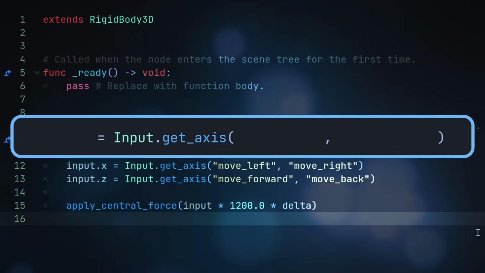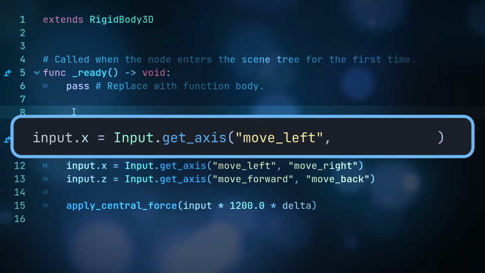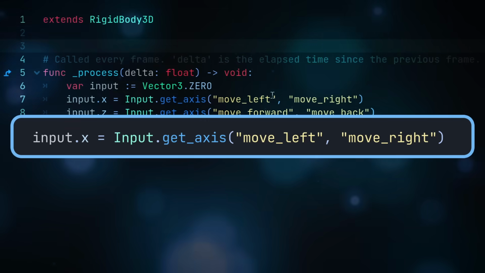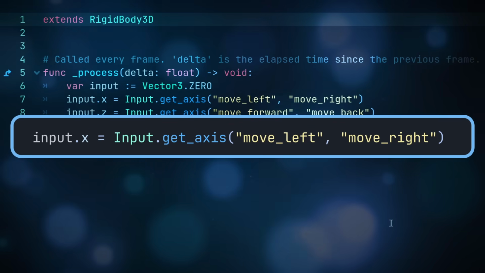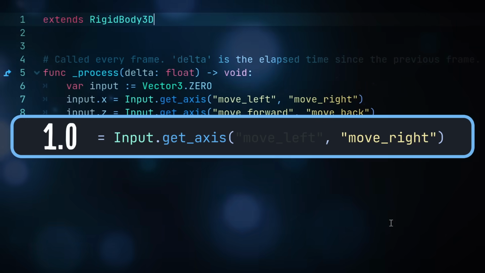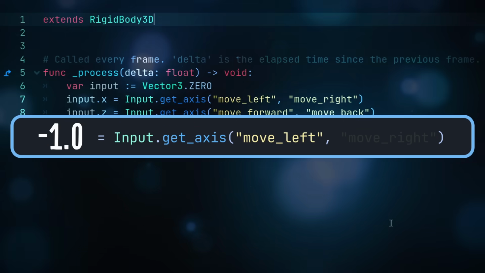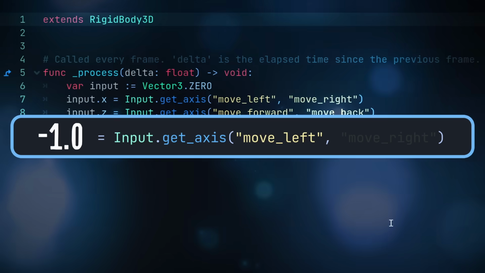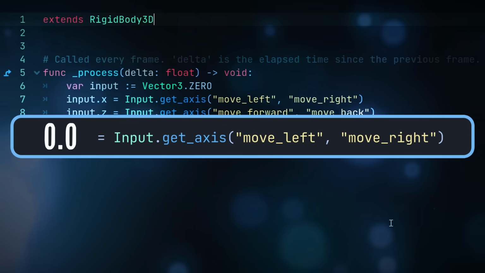So, for the line input.x = Input.get_axis(move_left, move_right), this code sets the x value of our 3D vector to 1.0 when we press the D key, or -1.0 if we press the A key, otherwise leaving it at 0.0 if neither or both are pressed.